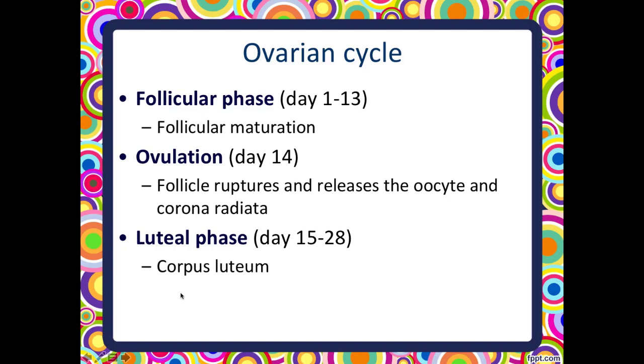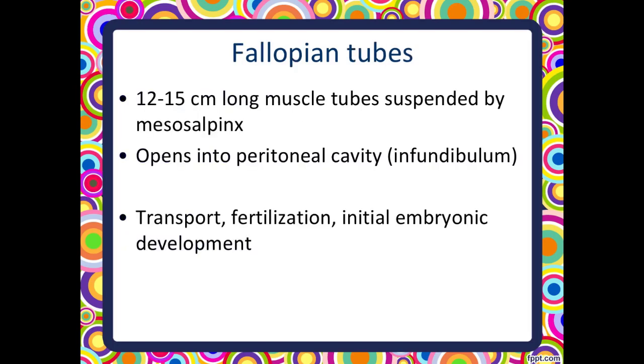Then the second, luteal phase starts, and during the luteal phase, the corpus luteum produces progesterone for about 10 to 12 days, and then it ceases the hormonal production, and it will create a small scar sometimes.